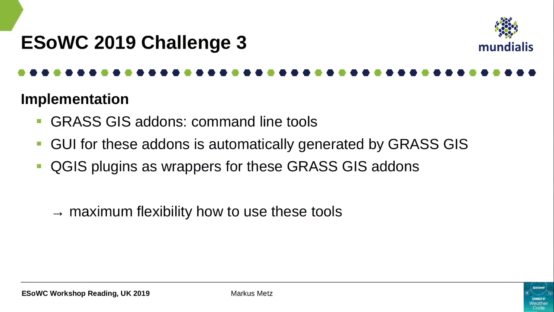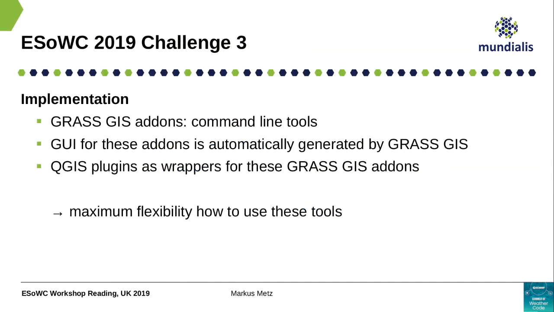The implementation was first done as GRASS GIS add-ons. They are principally command line tools. A GUI for these add-ons is automatically generated by the GRASS GIS graphical user interface, and additionally we provided QGIS plugins that are simple wrappers for these GRASS GIS add-ons. So the QGIS plugins should feel like any standard QGIS plugin.